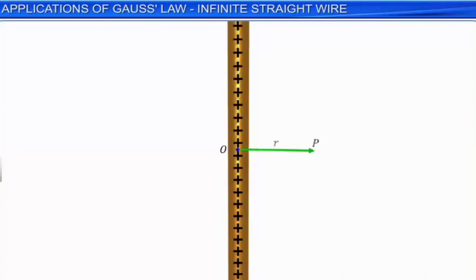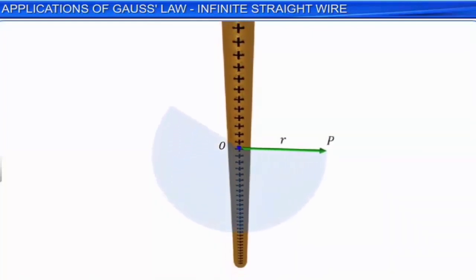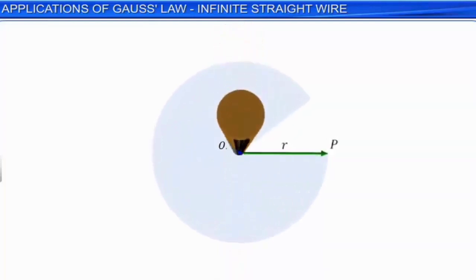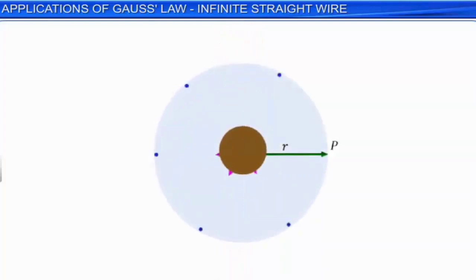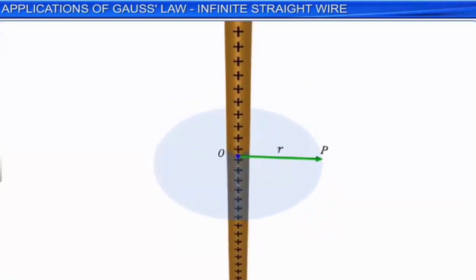If we rotate the radial vector about the point O, we get a circle. Several points on the circumference of the circle obtained are equidistant from O. Hence, the electric field due to the charge on the element of the wire at O is equal in magnitude at all the points on the circumference.